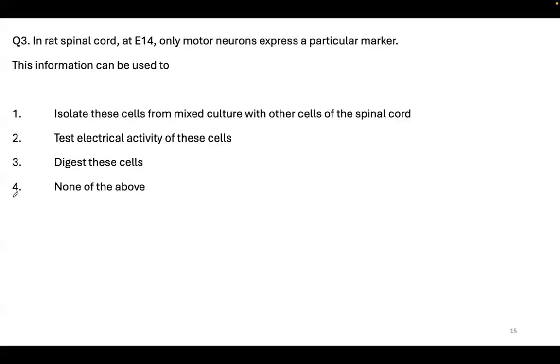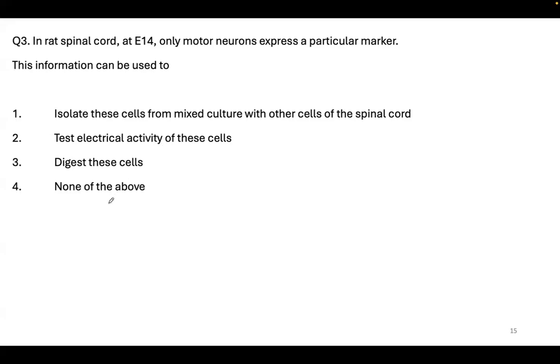Okay. Then we move on to the next question. So in the right spinal cord at E14, only motor neurons have this particular marker like we saw. So what can you do with this information? Can you isolate the cells when it's in a mixed culture with other cells from the spinal cord? Can you test the electrical activity?